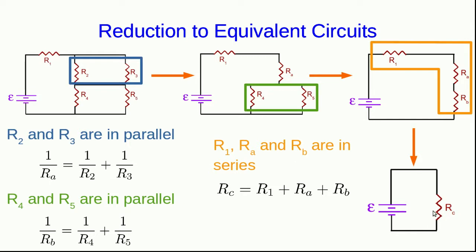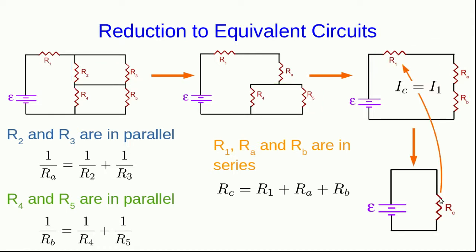Now to actually find the currents, which would be what we're after, we would have to work backwards. The current through Rc would be the same as the currents through each of R1, Ra, and Rb. And so in particular, that gives us the current I1 that we want.